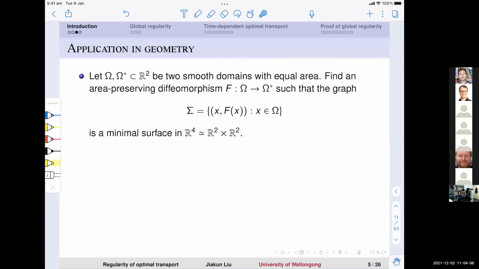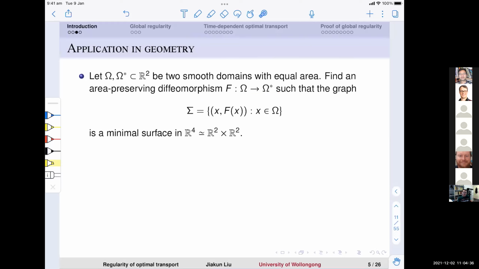Another application for this boundary value problem comes from geometry. Let's look at it in dimension 2. We're assuming we have two smooth domains with equal area, Omega and Omega star. What we're going to look for is some diffeomorphism f from Omega to Omega star. Without any other restriction, we know there will be infinitely many diffeomorphisms mapping from Omega to Omega star in general.